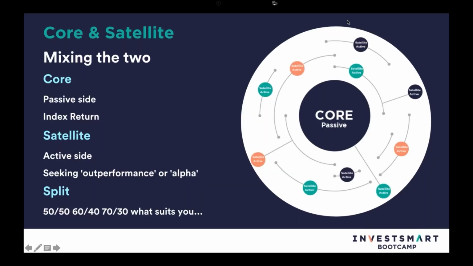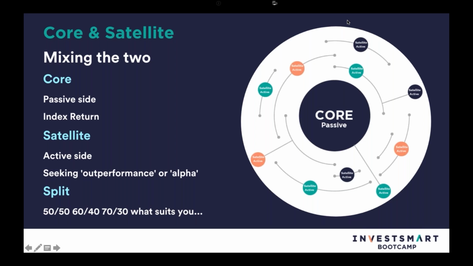We're at the core and satellite approach now. What this just means is, like I was saying before, you could mix the two. At the heart of it, the core, you can have a passive type investment, and it's basically just going to track the index. So depending on your goals, timeframes and risk, you could have at the core something like a managed portfolio, like the InvestSMART ones, for example.